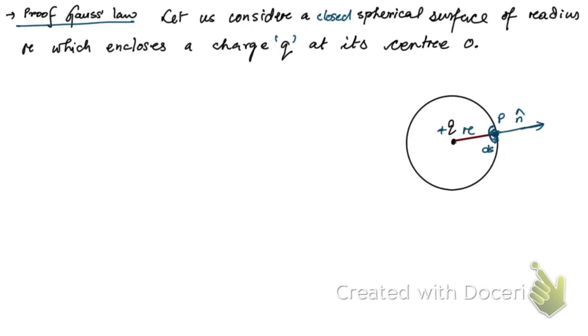If we consider this center O as the origin, and the position vector of P is the radius vector r, then suppose the unit vector along this radius is r cap.